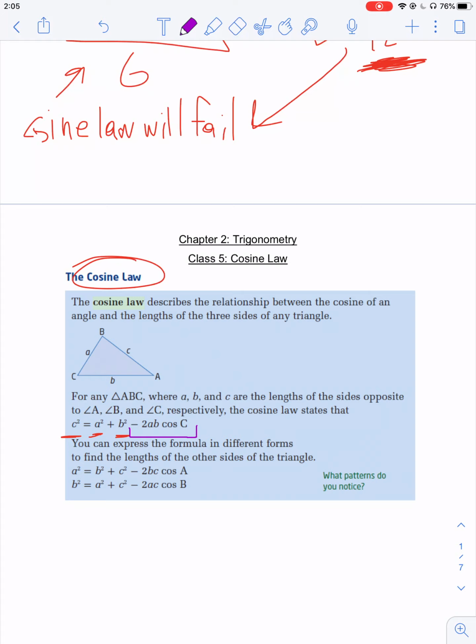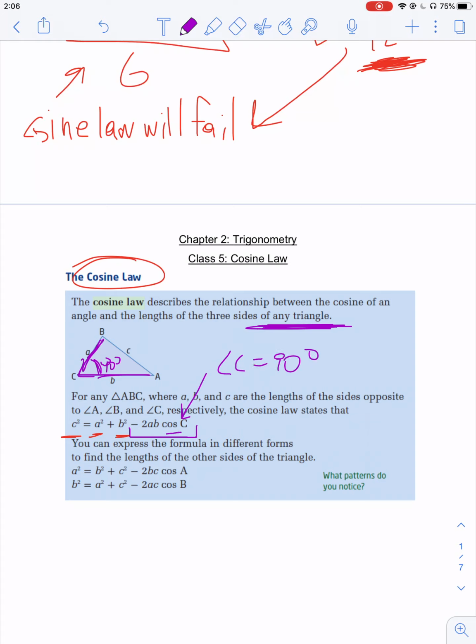Because remember, this will work for any triangle, okay? Now, if this happens to be a right triangle, right? So if this is your A and this is your B, and the angle in between is 90, then you can use the Pythagorean theorem, but the Pythagorean theorem will automatically appear because your angle C will equal 90 degrees.